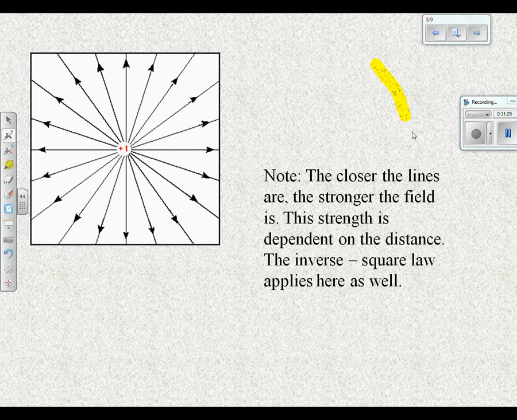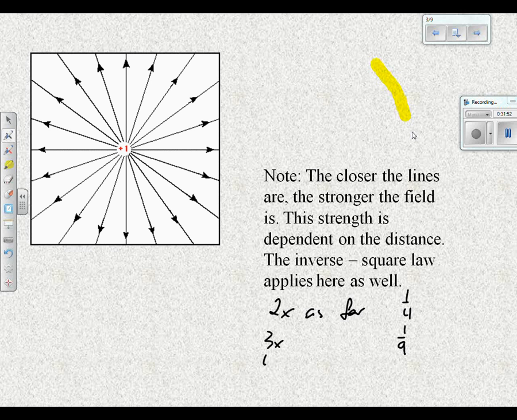Now, I've talked about this inverse square law. If you're 2 times as far, then what's the strength going to be? It's not a half, it's a quarter. Inverse squared, 2 squared. If you're 3 times as far, then the strength is going to be 1/9.